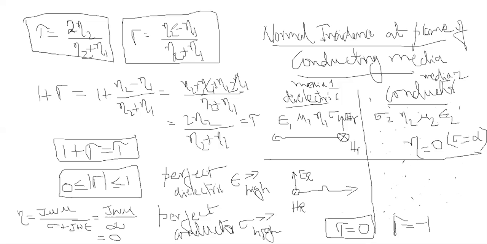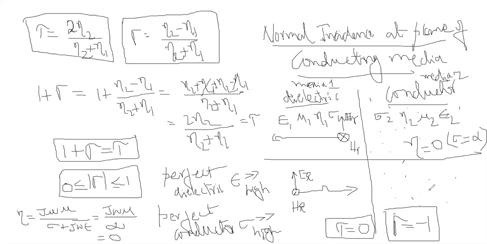Why is it minus 1? Since eta 2 is equal to 0 here: 0 minus eta 1 by 0 plus eta 1, which is minus eta 1 by eta 1, so minus 1. In the conducting medium there is no transmission. It is totally reflected in the negative direction, so the reflection coefficient is negative. The transmission coefficient is 0 for any normal incidence from a dielectric boundary to a conducting boundary.